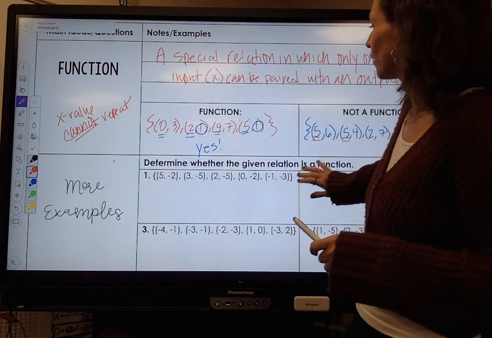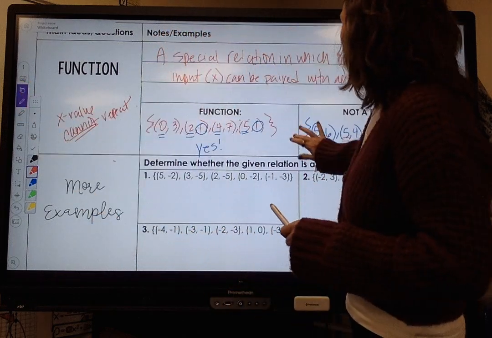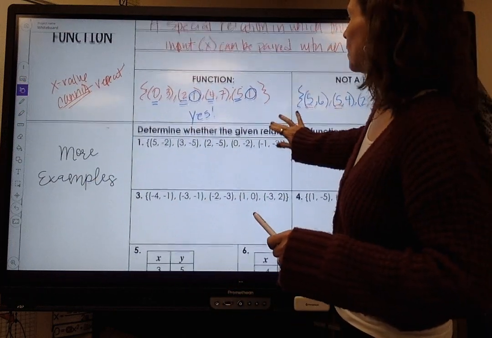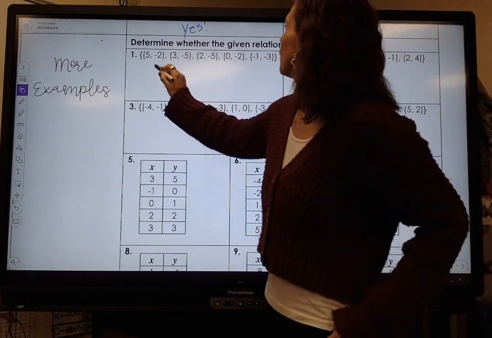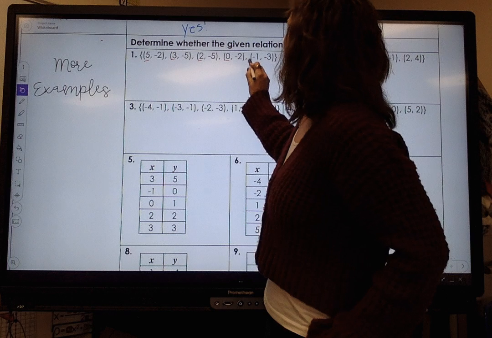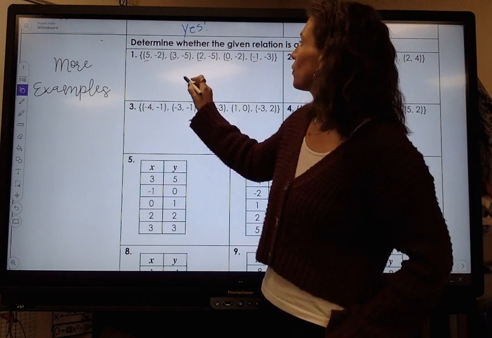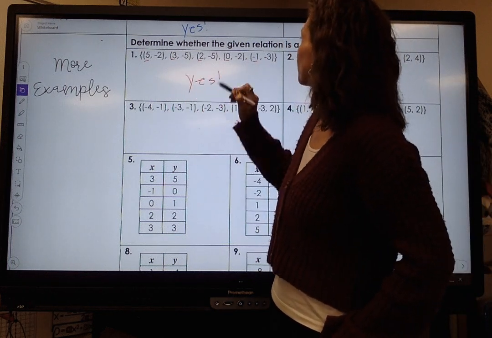So if I'm looking here and I want to determine which of these is a function or not, and I look at my ordered pairs, 5, 3, 2, 0, -1, x values don't repeat, yes, it's a function.